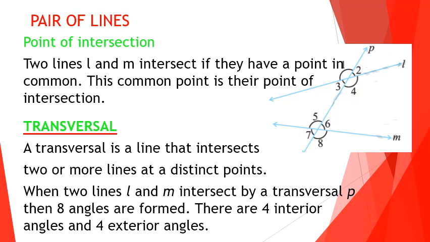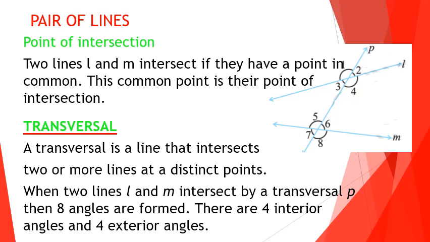Out of these angles, 4 angles are interior angles. What is meant by interior angles? Here we are discussing two lines L and M. So the angles which lie between the two lines L and M are called interior angles, and the angles which lie outside the lines, that is above the line and below the line, are called exterior angles.